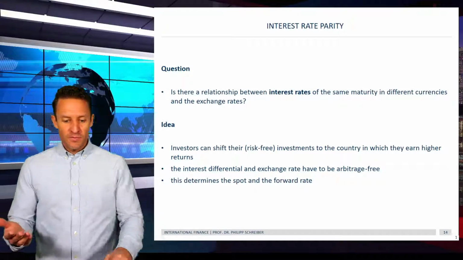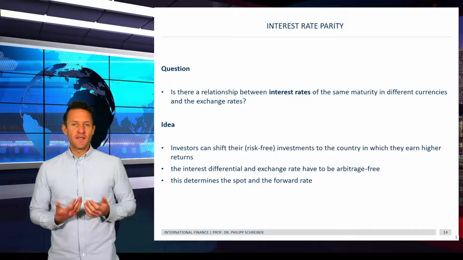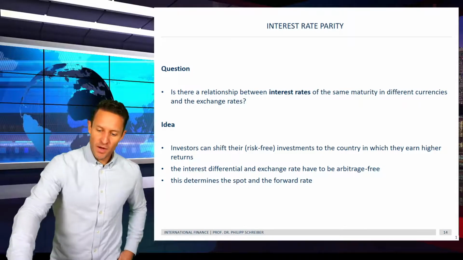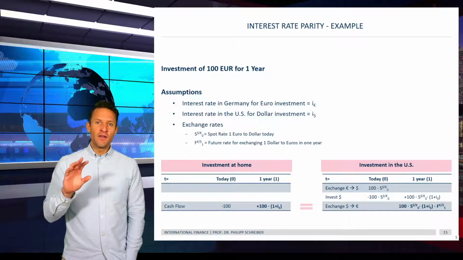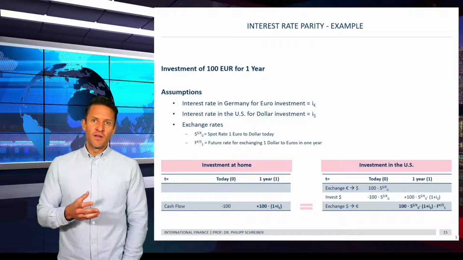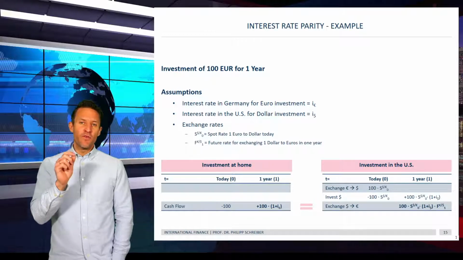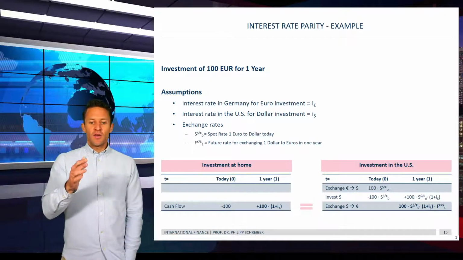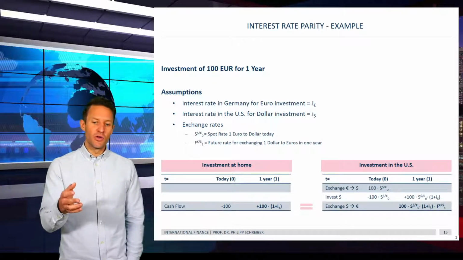Okay, so the question is, how can we calculate this level of interest rate parity? So we know interest rate parity is a thing, and here is an example how we can derive the formula for the fair forward rate, the forward rate that does not allow for arbitrage. So let's say the interest rate in Germany is I euro.